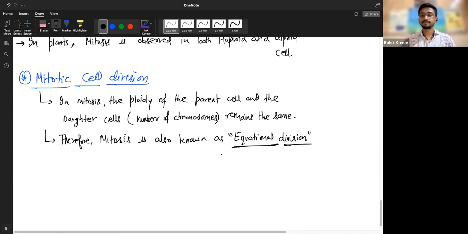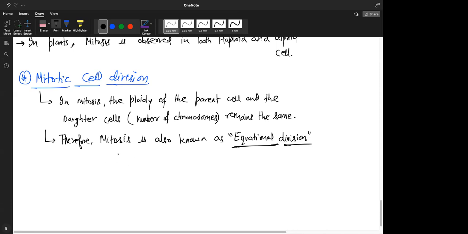It remains equal. The number of chromosomes that was in the parent, the same number of chromosomes will be there in the daughter cells after division. So the ploidy remains equal, so it's called equational division. Is it clear? Yes or no? Yes, sir.